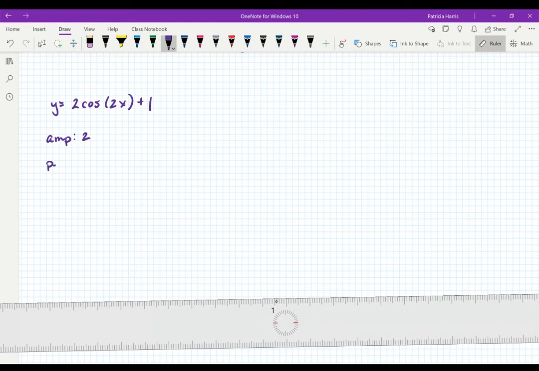My period is determined by b. So I'm going to go 2 pi divided by 2. So my new period is pi. I have no phase shift. And then I have a vertical shift of 1. So we're going to move up 1.